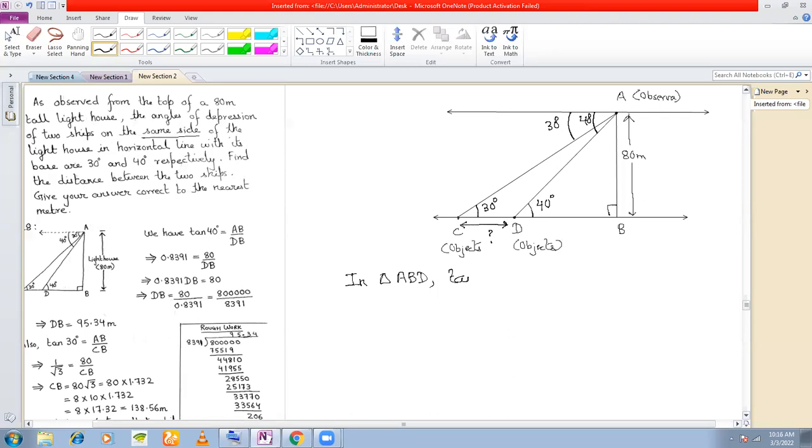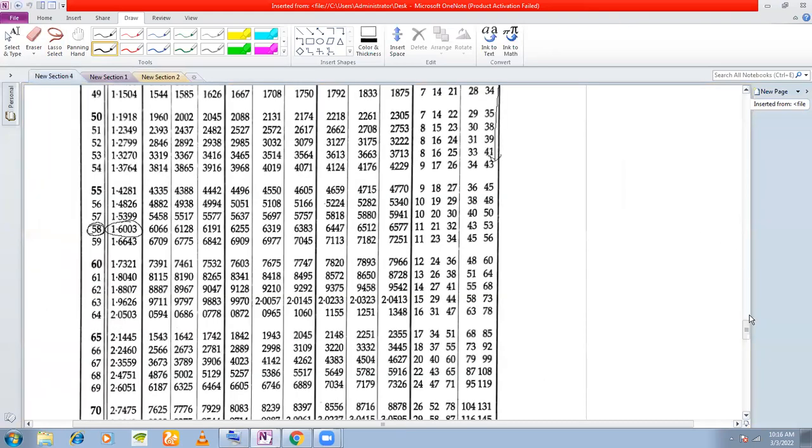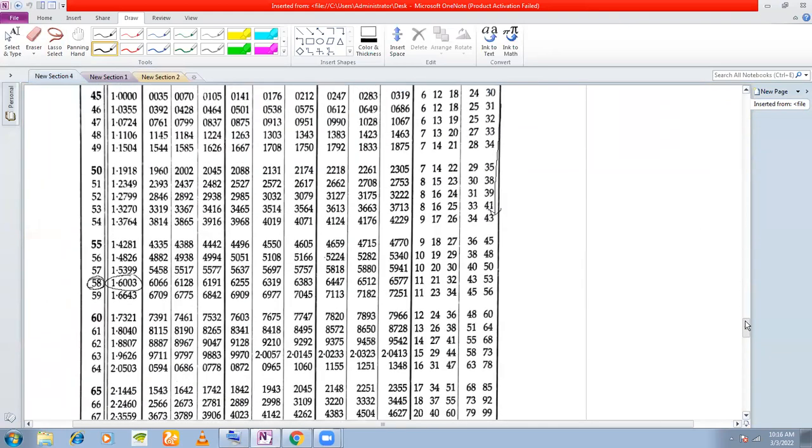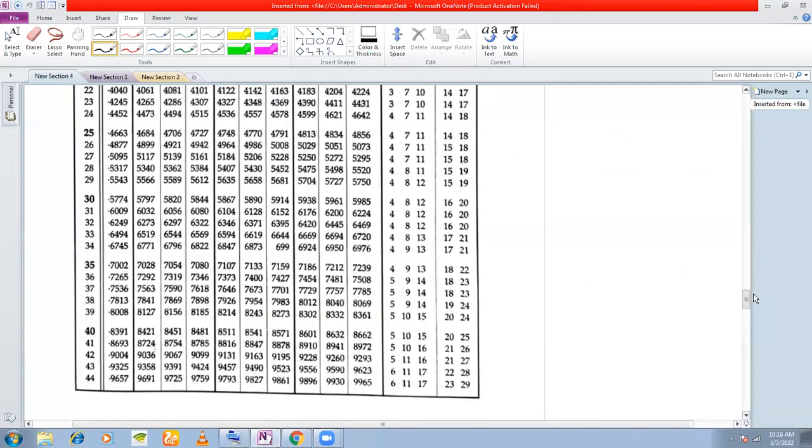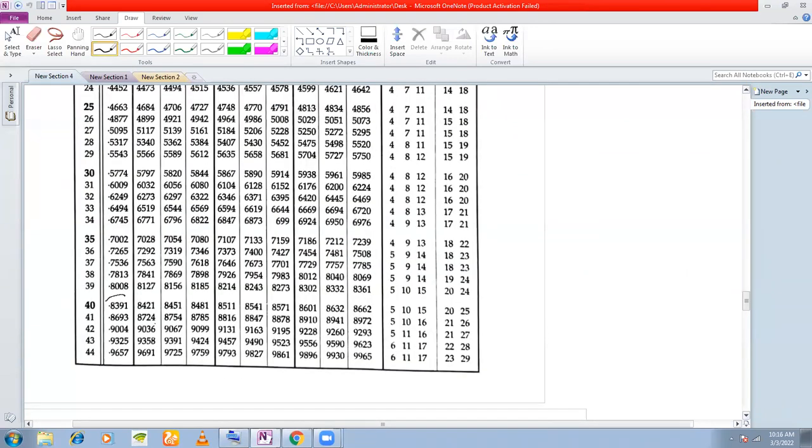We use tan 40 degree is equal to AB by DB, right? Tan 40, you look up the tables. Tan 40, this is your natural tangents table. Tan 40, the value here is 0.8391.